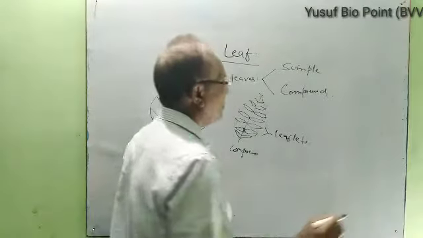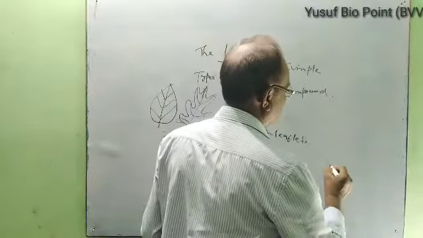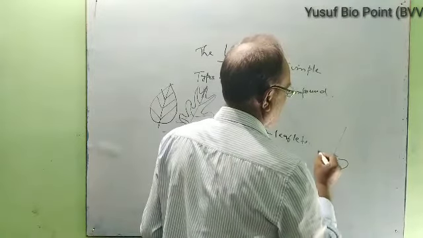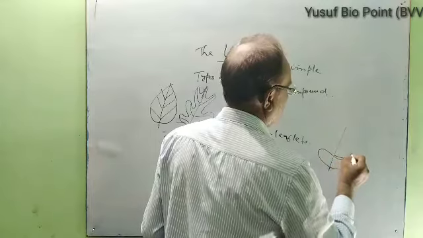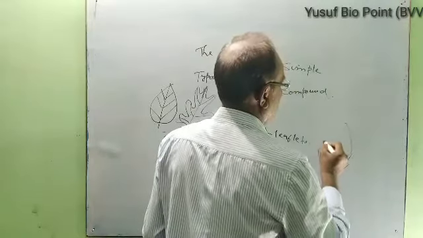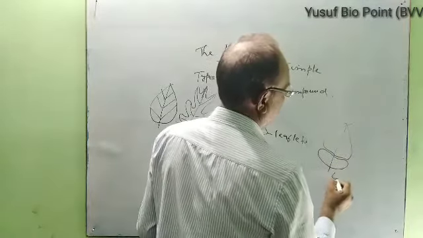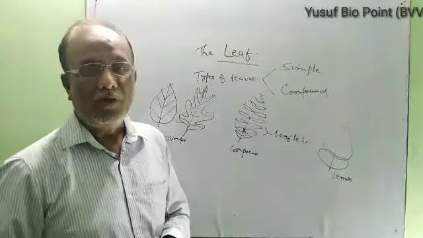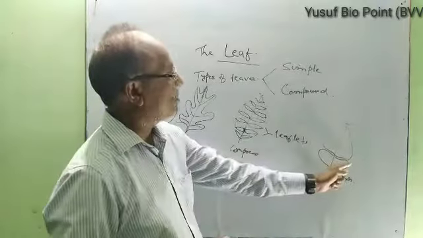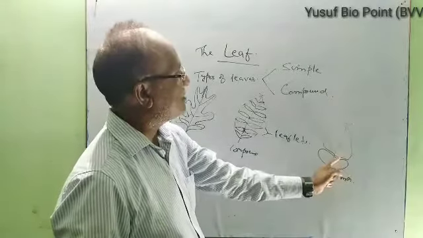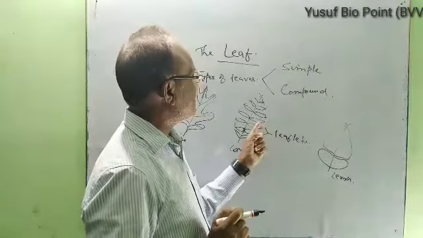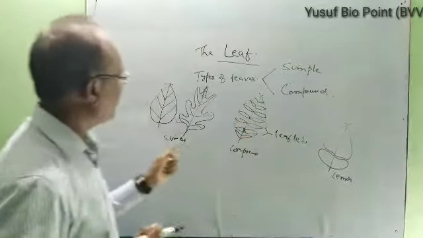And this type of leaf is found in lemon or orange, and this is because the bifurcation or incision is up to the midrib, so it is a compound leaf, means the incision up to midrib.